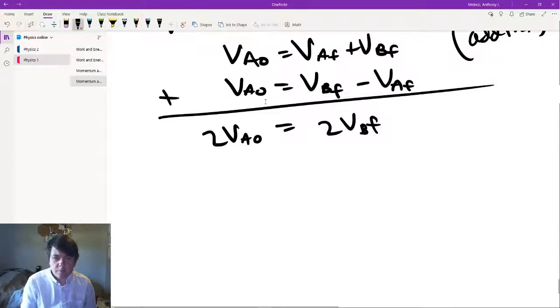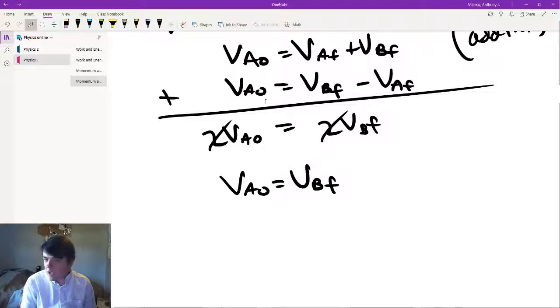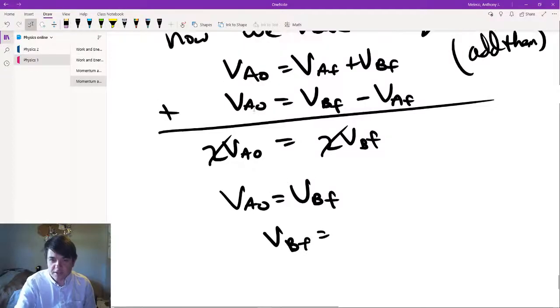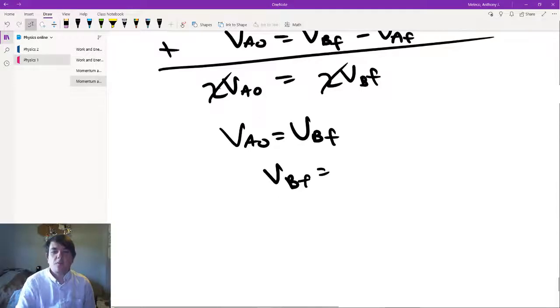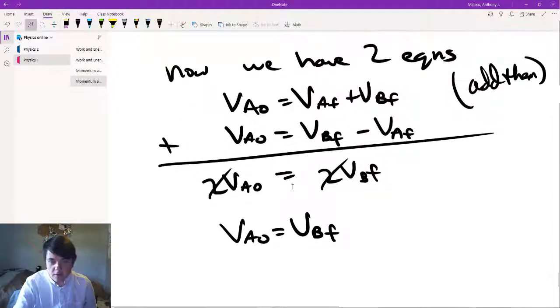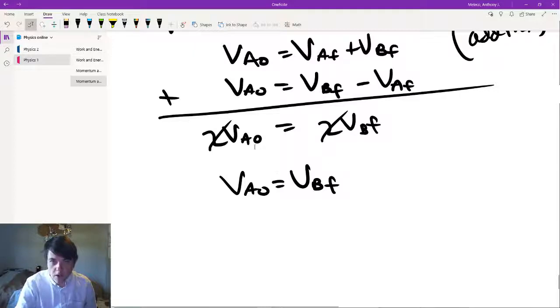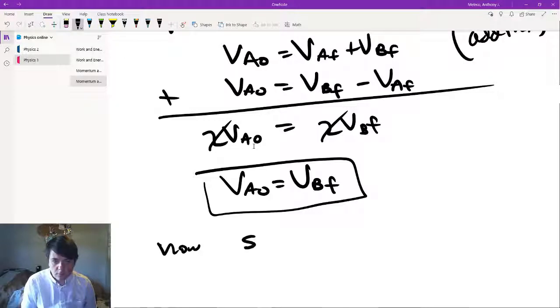So the 2's cancel, and what you get is VAO, the initial velocity of A, is equal to VBF. Oh, that's right, we're not doing this with numbers. So if VBF is VAO, then you solve for the first.